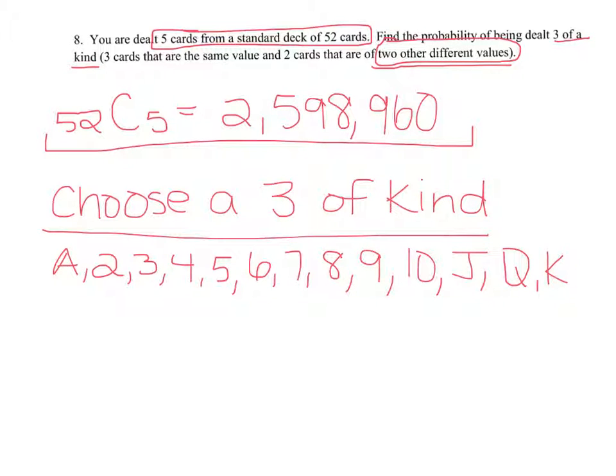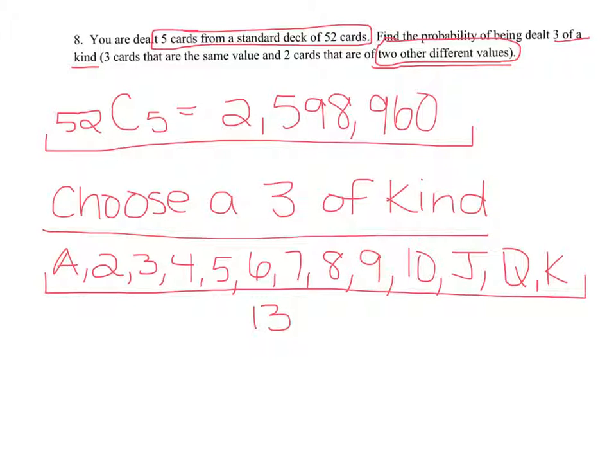If you count this, there are 13 different faces on the card. Thus, we have 13 choices for our 3 of a kind. There are 13 different numbers I can pick from this list.